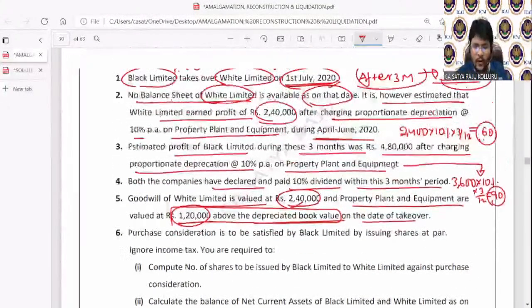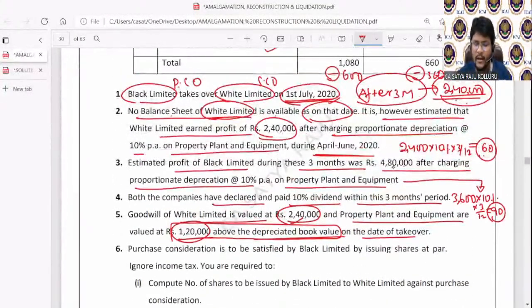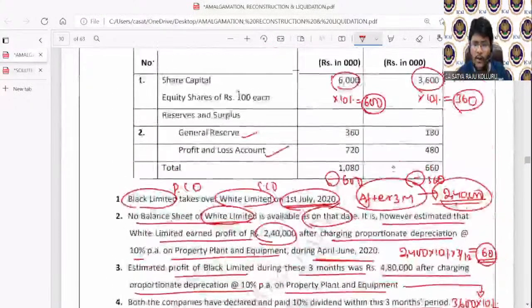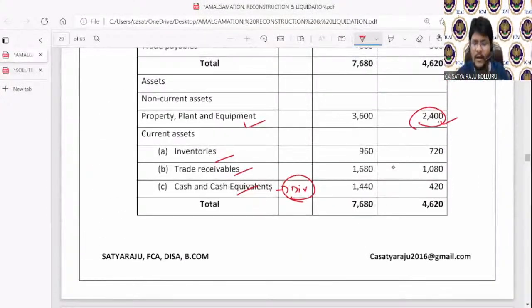Now, coming to White Limited, depreciation on the PPE is 60,000. What is the net book value after providing the depreciation? Property, plant and equipment is 2,400 minus 60. How much will it be? 2,340.